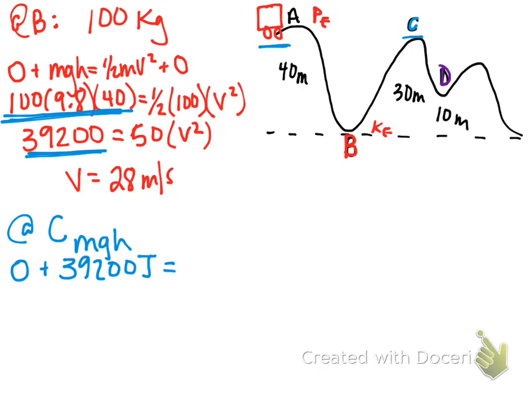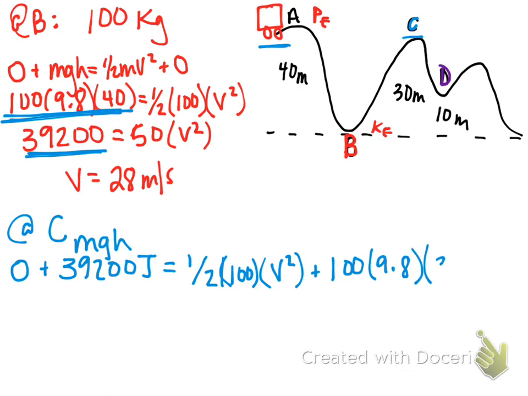At point C, what type of energy does it have? Both. It has both. Okay, so kinetic would be 1/2 times 100 times v squared. We're solving for the velocity, plus m times g times the height at point C, which is 30 meters.